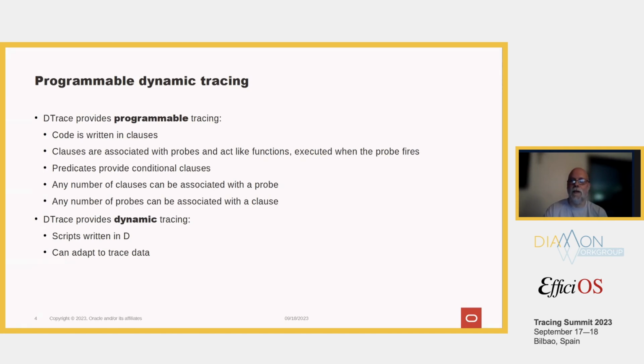You can have any number of clauses that are associated with probe fires. Multiple things can be executed, obviously in an orderly fashion, one after the other. And you can have any number of probes associated with this code, because you might have some tracing data you want to collect for a whole series of probes, so you can write that as one single clause or function. And if any of those probes fire, that will be executed.